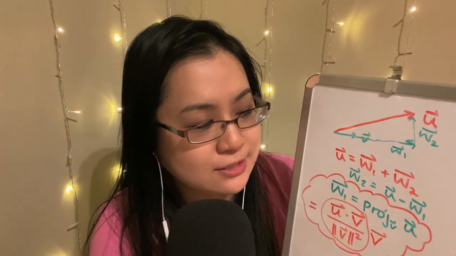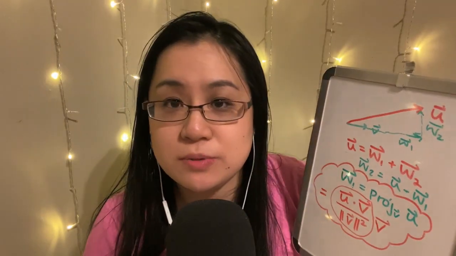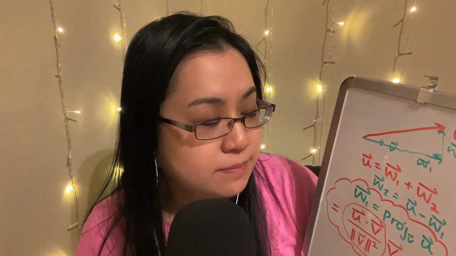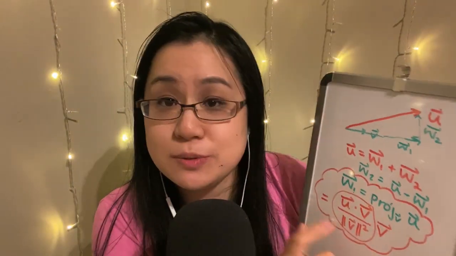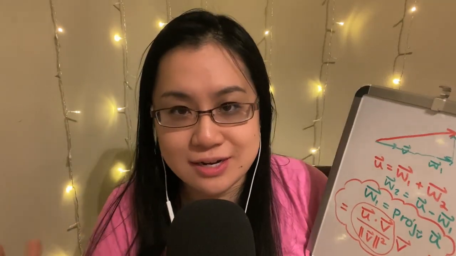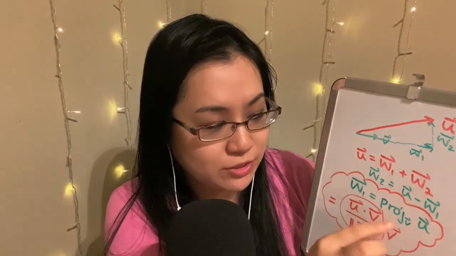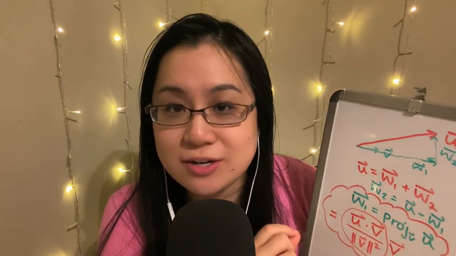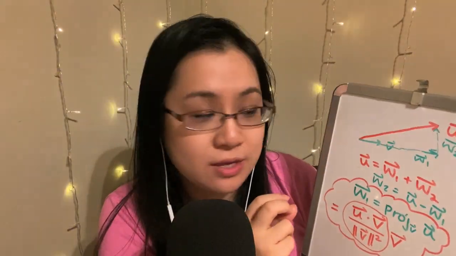Then you also want to make sure that everything is parallel and perpendicular as expected. So just double check again that it's a constant times V. We know W1 is parallel to V, but then you also want to double check that W2 is indeed perpendicular to W1. So if you dot W1 with W2 with those numbers, just double check that that dot product is actually 0, because W1 and W2 are perpendicular to each other.